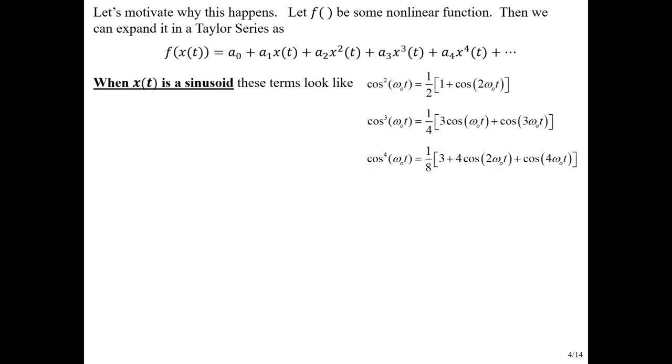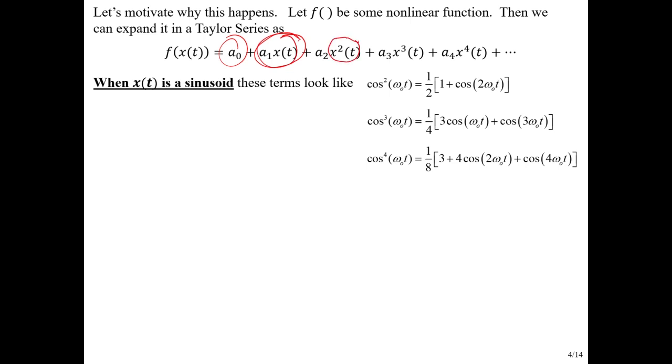So let's see what happens when we put a sinusoid into such a nonlinear function. Well, we're going to get an A0, so we might get a DC offset when there is no DC offset going in, so that's an interesting new thing. We're going to get something proportional to the x of t, so if we put in cosine of omega 0 t, we'll get cosine of omega 0 t out as one of the terms with an A1 out in front.